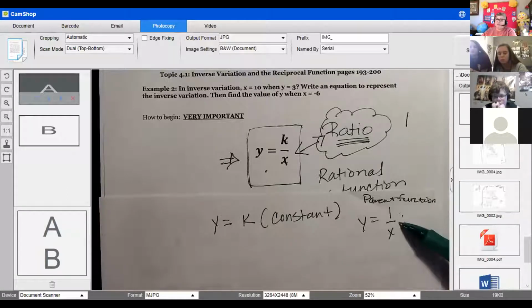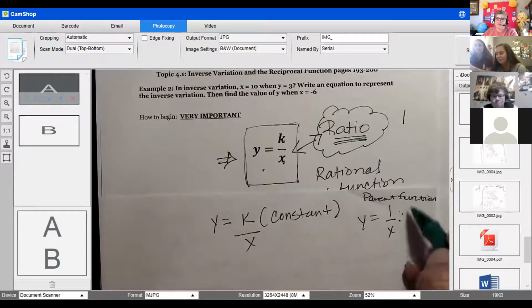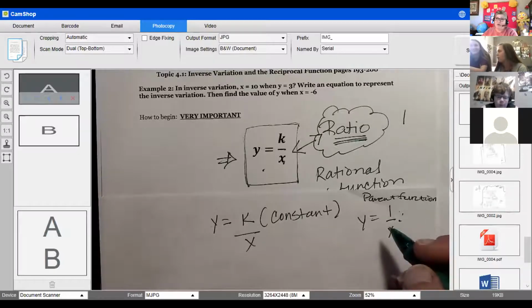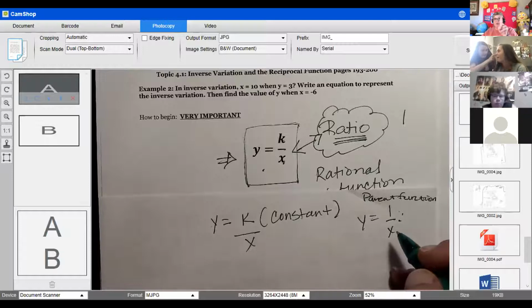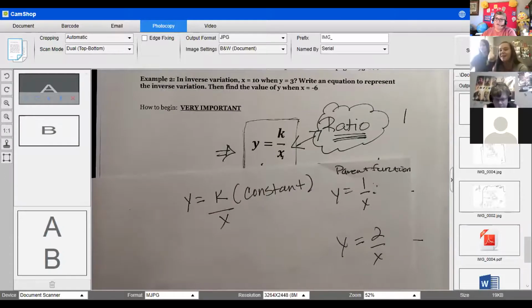What's k in the parent function? 1, because it's whatever that value is in the numerator of the ratio. So it's simply 1. What if we had y is equal to 2 over x? What is the constant?